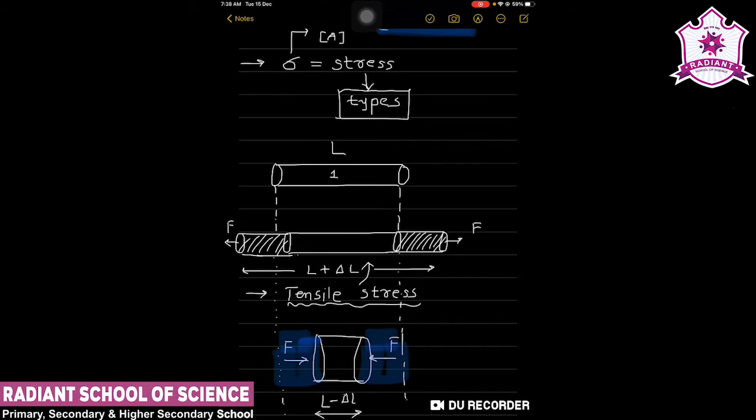So that force which increases the length of the body is considered as a tensile force, and therefore the stress termed over here is called a tensile stress.